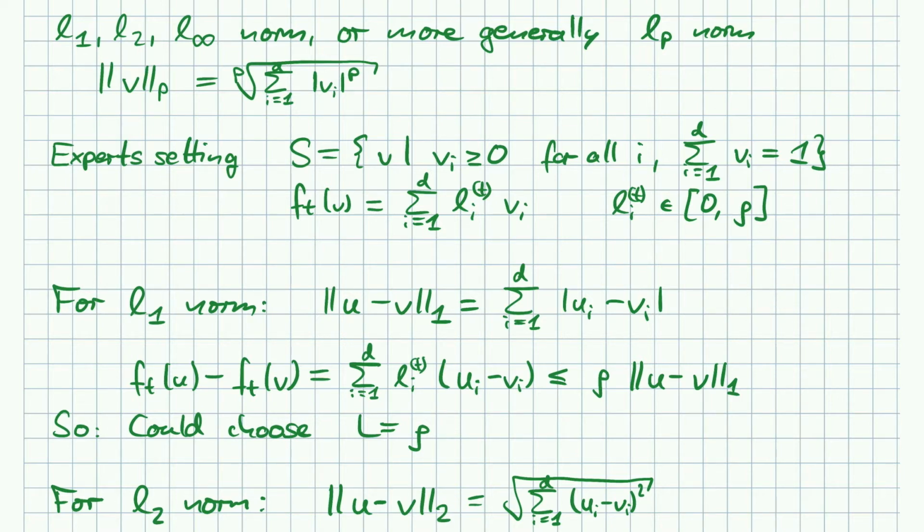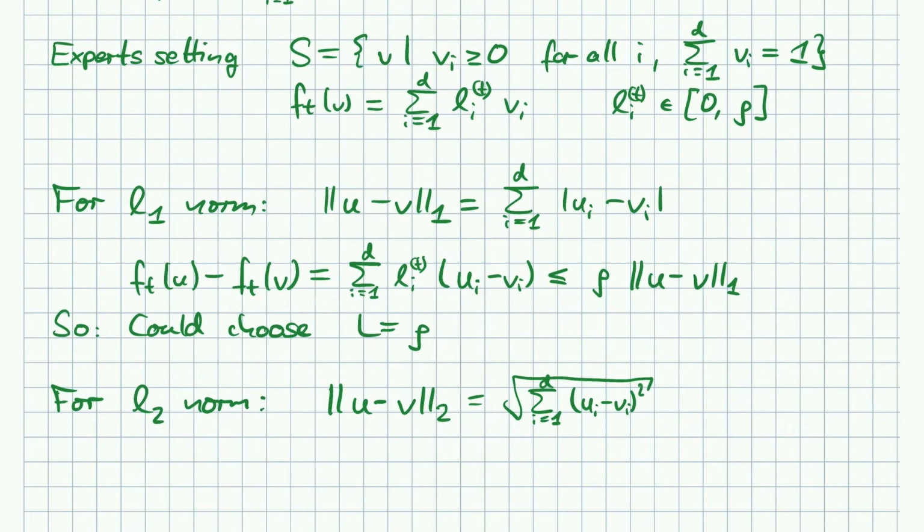And what we see here is that the L1 norm is always at most square root d times the L2 norm. This is just coming out of these definitions, just a very simple comparison, or effectively it is the Cauchy-Schwarz inequality. So this is how you could bound the L1 norm by the L2 norm.